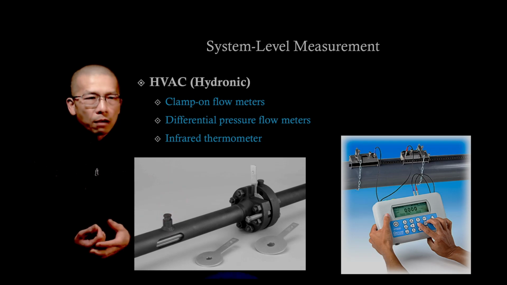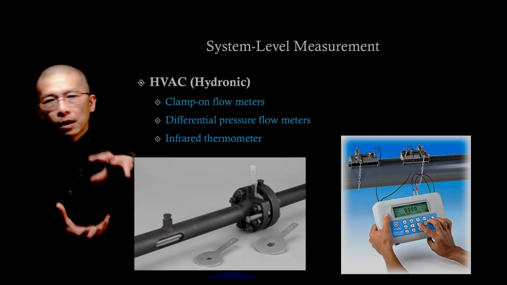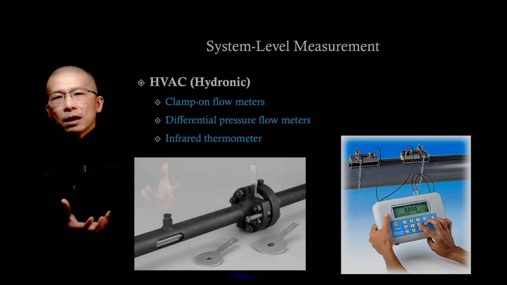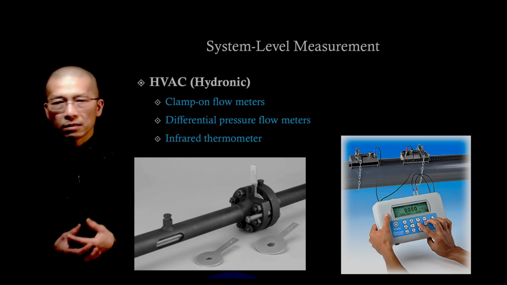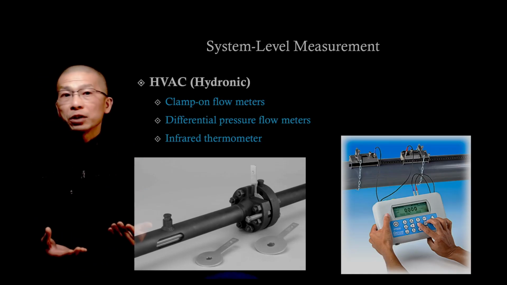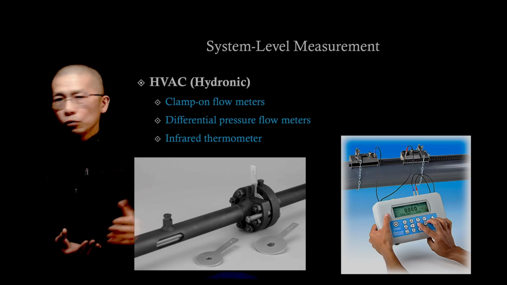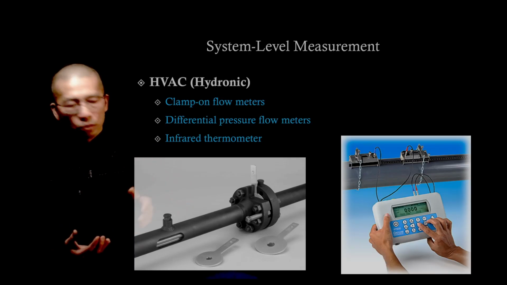The ultrasonic clamp-on meters, they are the gold standard for auditors because they are not intrusive, right? You can measure the water flow rate through a pipe without shutting down the system or cutting into the plumbing.